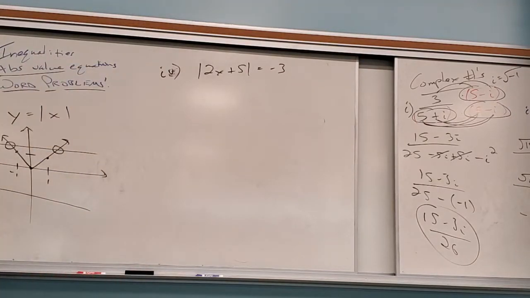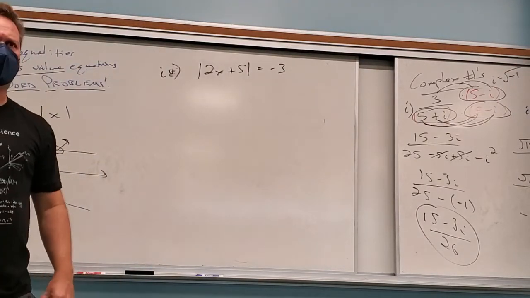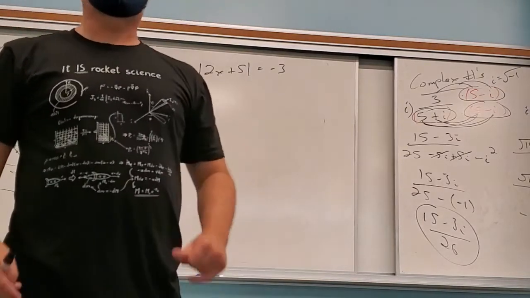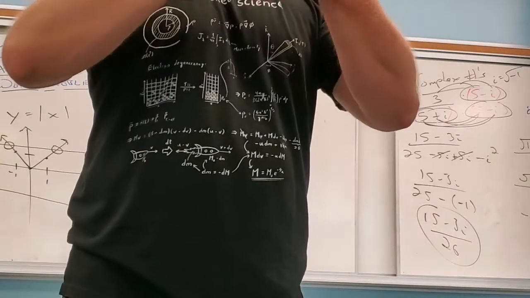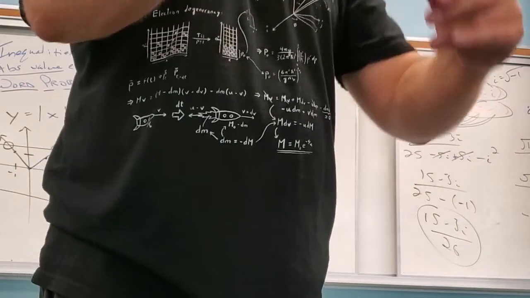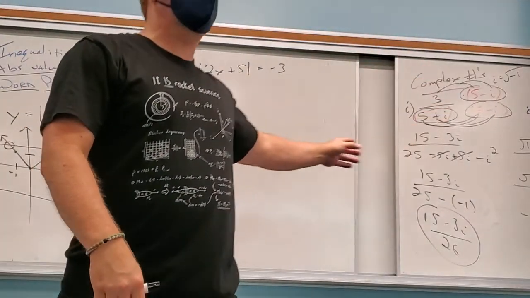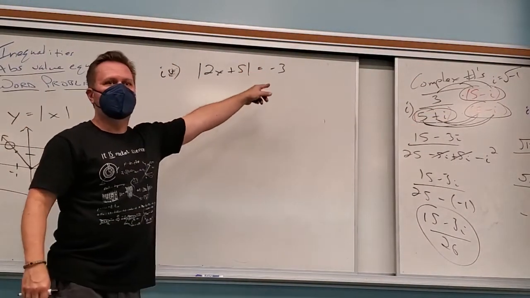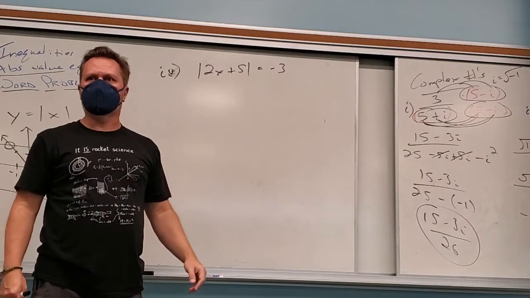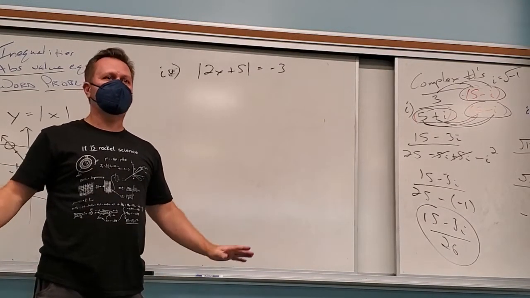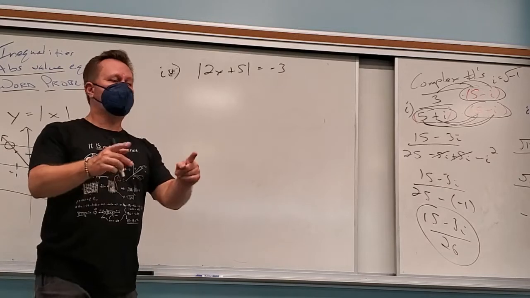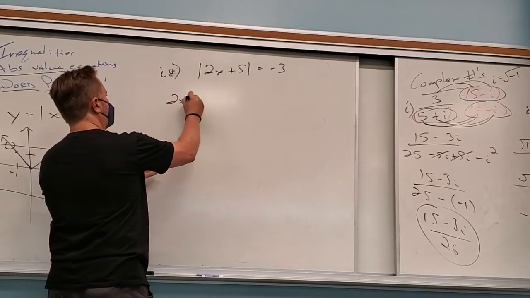Why is there no answer to this? Because the absolute value is defined in such a way that the answer is always positive or 0. This one is saying, figure out when its absolute value equals a negative number. So you shouldn't do any work on this problem. But if somebody did do work, wouldn't they do this?